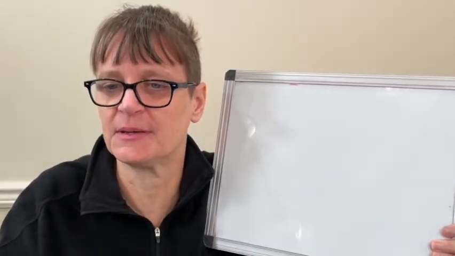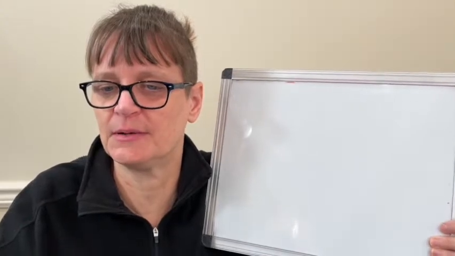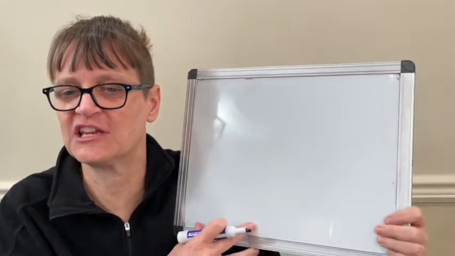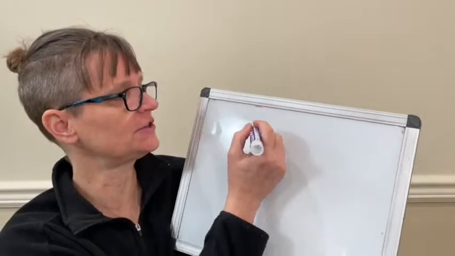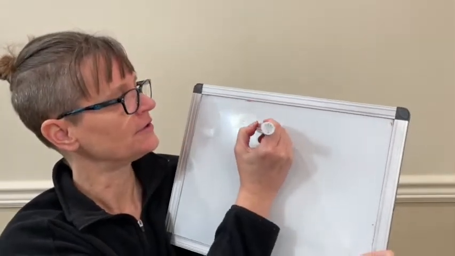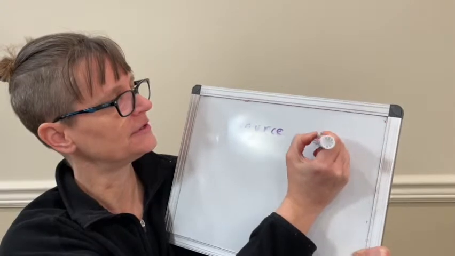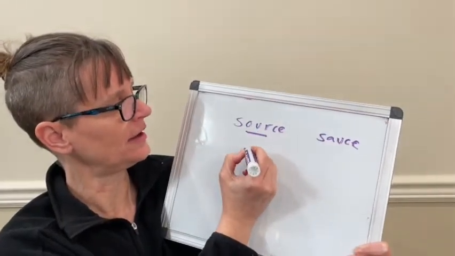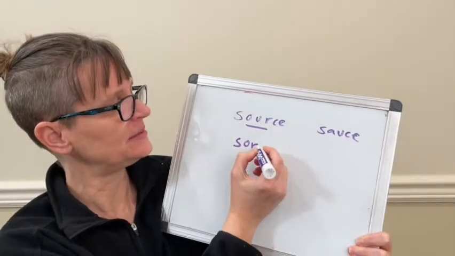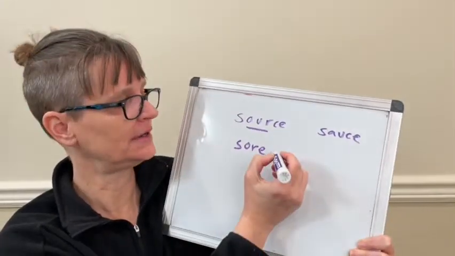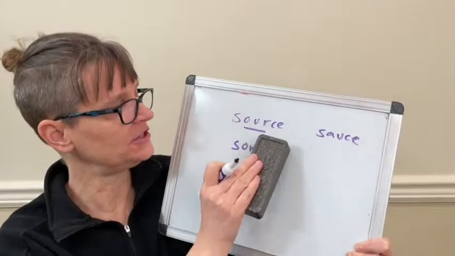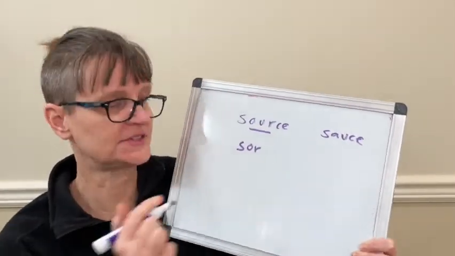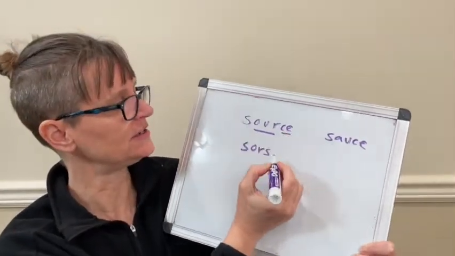We have a question about distinguishing the words source and sauce. So for source, we have the or diphthong. If you think about it, it's similar to the word sore, but then you're adding the s sound for letter CE, source.